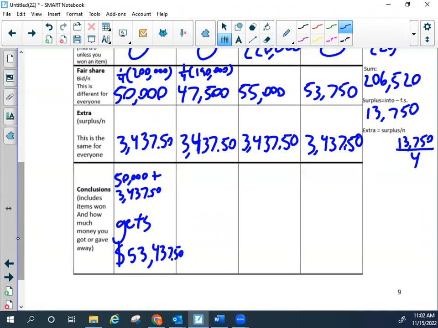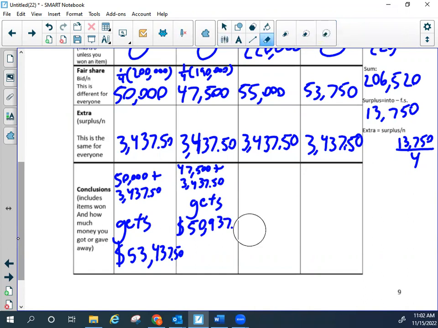Barb put $47,500 in her pocket, plus another $3,437.50, which means she walks home with $50,937.50. I'm going to skip Carl for a second because he won the house.